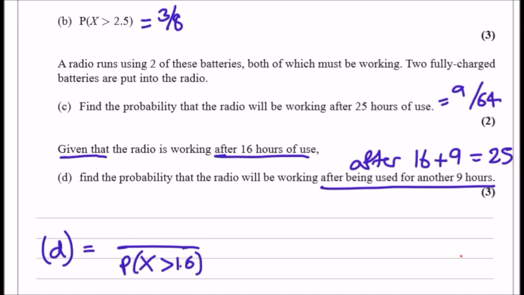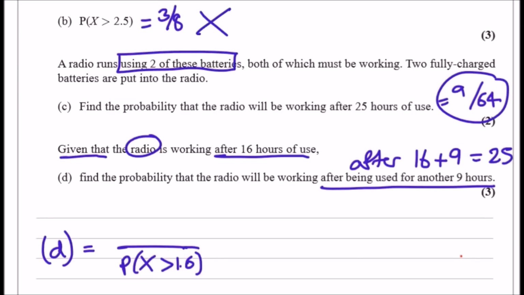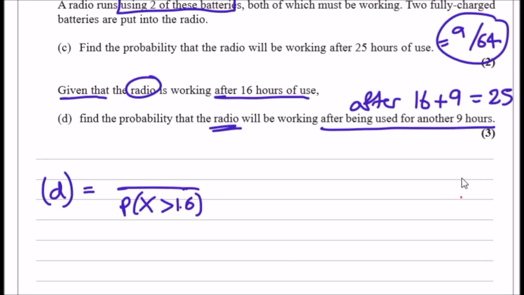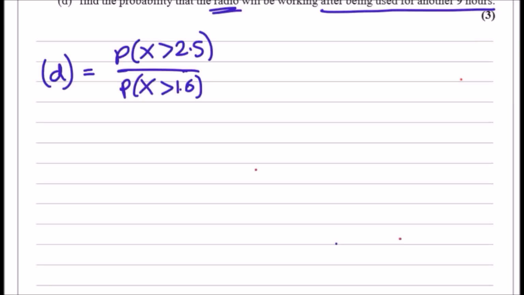We're talking specifically about the radio, meaning the radio requires 2 batteries, so we'd only care about this probability, not this one. This is the battery. This is actually a very common mistake, so be very careful. We want the radio, which is 9 over 64. So this is officially written as x greater than 2.5.